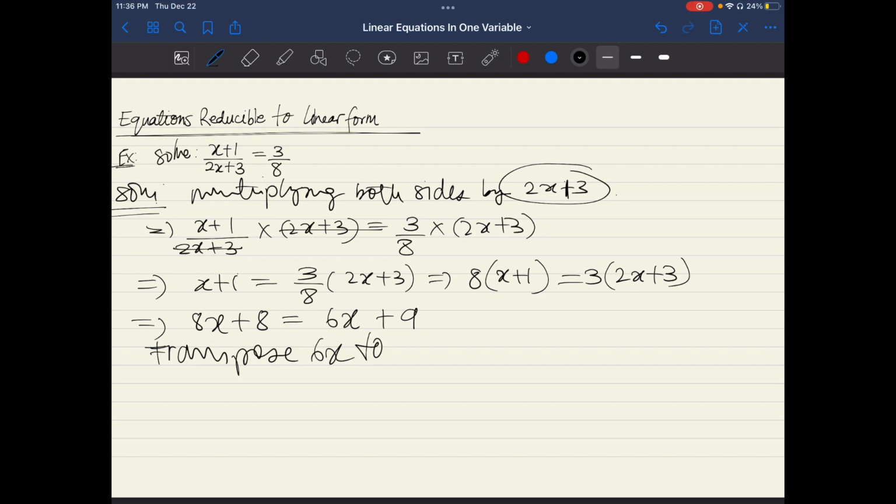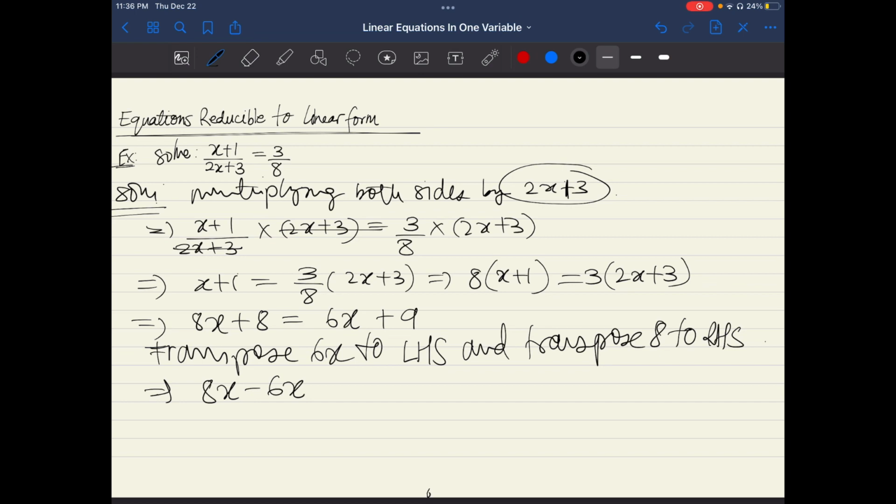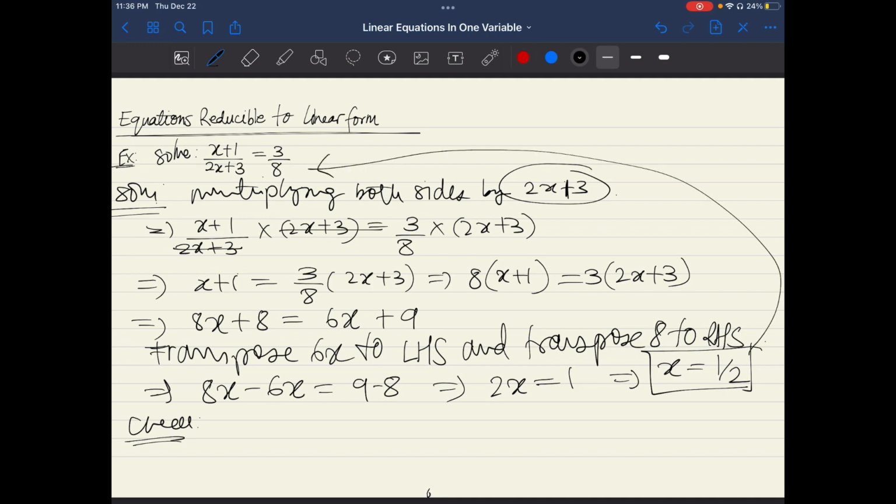Now transpose 6x to the left-hand side, and we transpose 8 to the right-hand side. We get 8x minus 6x equals 9 minus 8, which is 2x equals 1, which implies the value of x is 1 over 2. And now we can check if this is correct by substituting the value of x into the original equation we had.